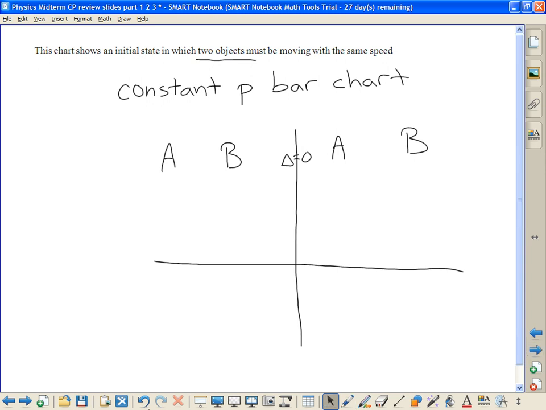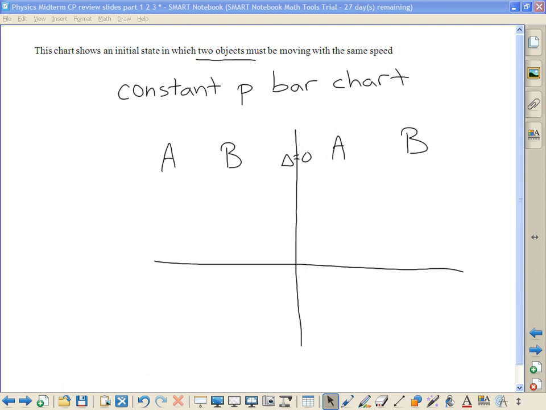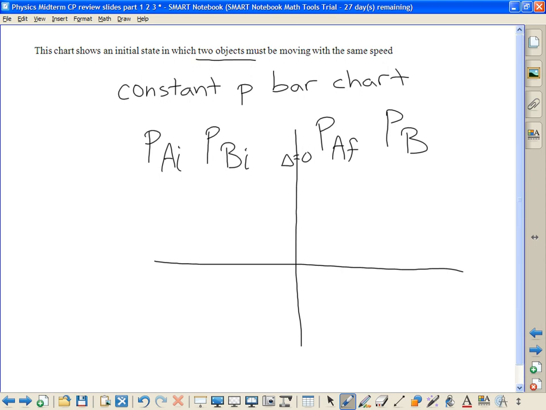Sketch it. Time flies. Five minutes left. There's a countdown right there. Here's the long form: initial momentum of A, initial momentum of B, final momentum of A, final momentum of B.